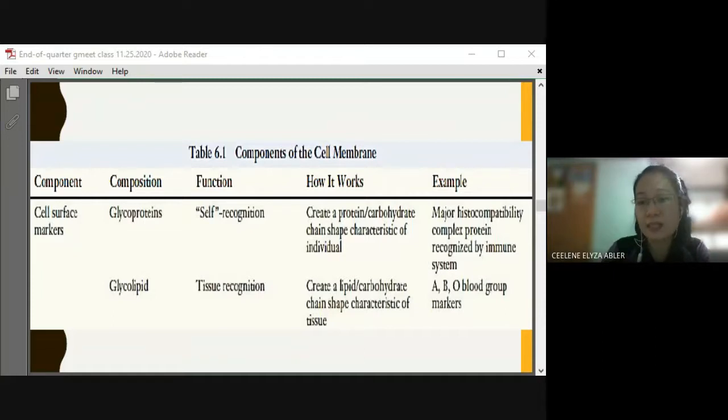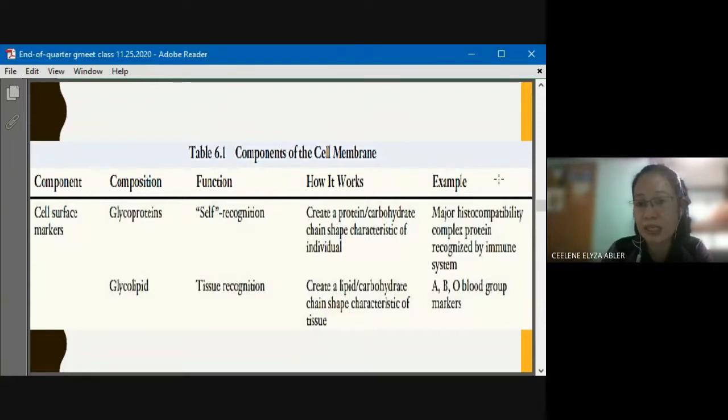And the test for that is actually an MHC na protein na test. So, halimbawa, if the marker is 6 or 7 na rating, that's quite high. So, it's actually expected na your body will not reject that certain organ.